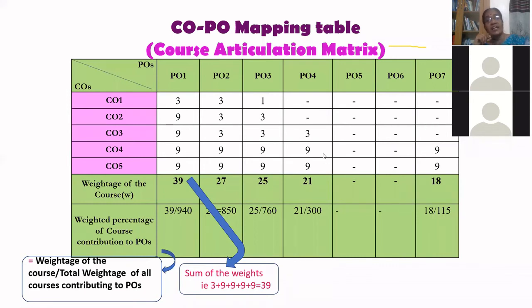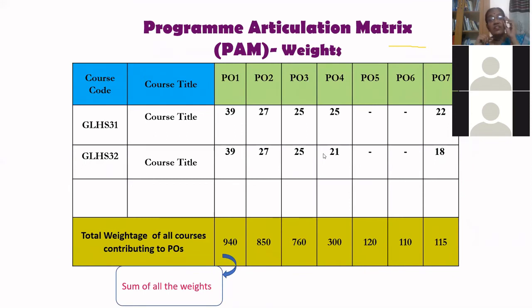I'll first use the matrix, the program articulation matrix, then go for the weight. The program articulation matrix is the one where you have the list of courses studied by all the students of a particular program. Suppose they are studying some 40 courses, you have to list all the 40 courses here.